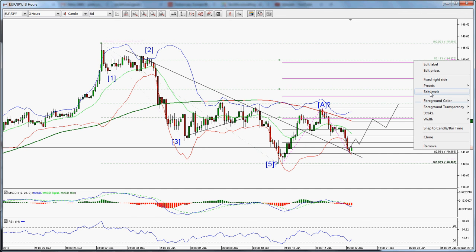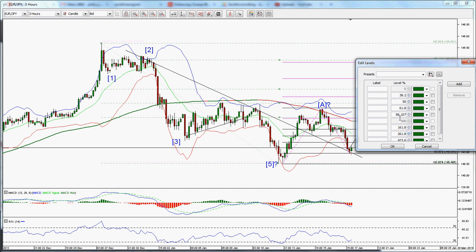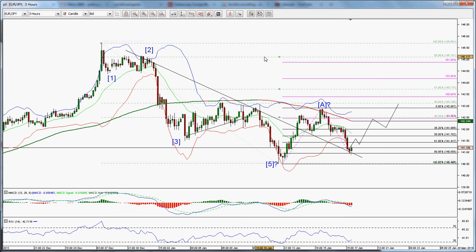So I can adjust it a little bit. Those levels are known, and we don't need the others.